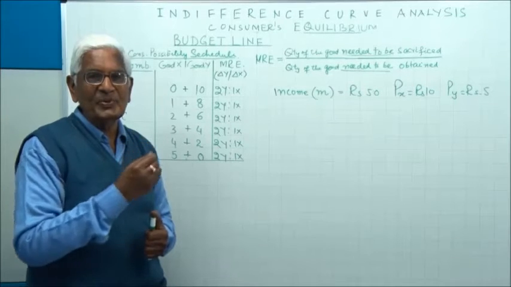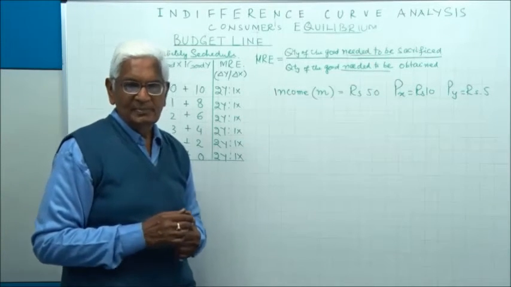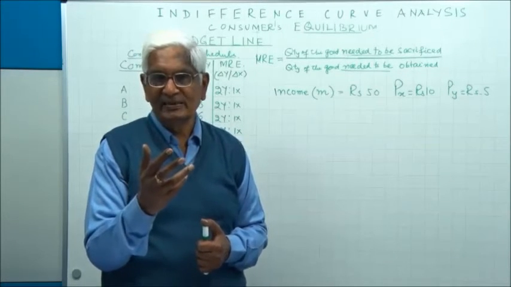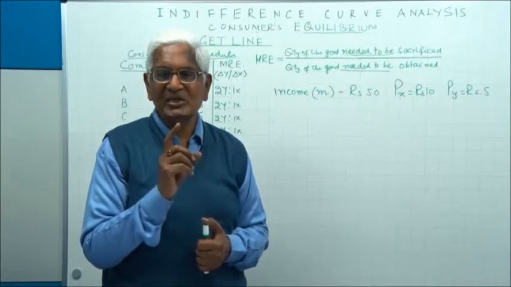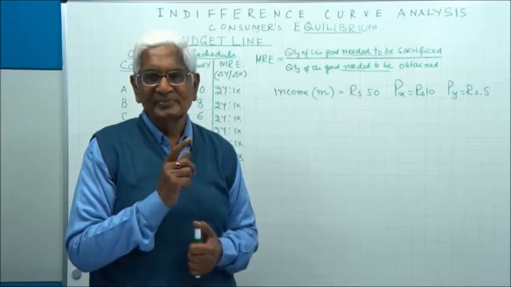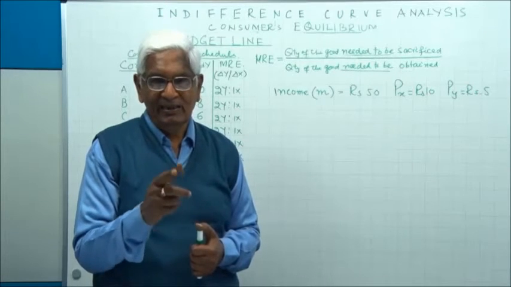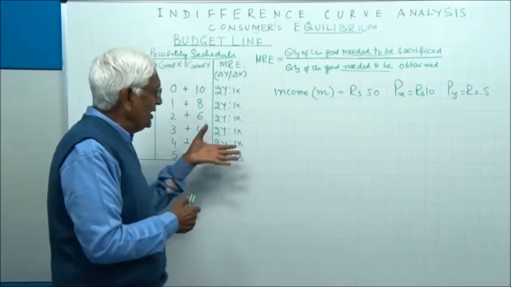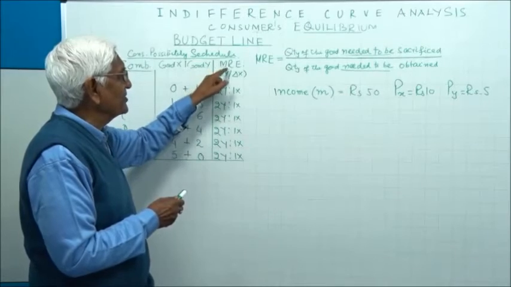बजट, ये कंजम्पशन पॉसिबिलिटी शेड्यूल क्या शो करता है? कंज्यूमर को क्या देना होगा. इसमें ही इक्विलिब्रियम का एक क्लू है, that we will see later. Remember, indifference curve shows what price the consumer is willing to pay. Consumption possibility schedule shows the price which consumer has to pay in the market if he wants to obtain X and Y. We call this, let us say, exchange of Y for X, market rate of exchange.